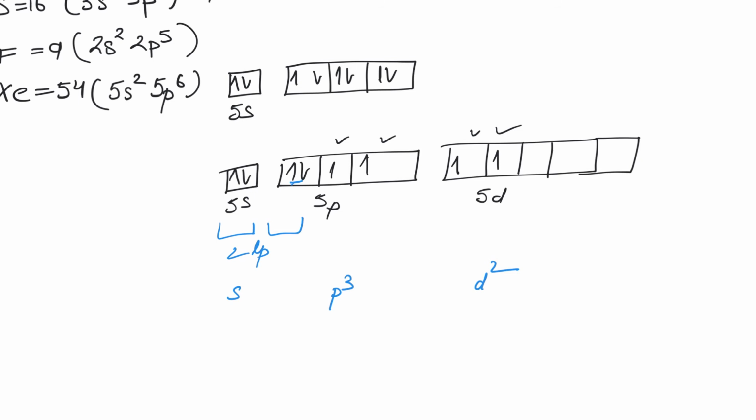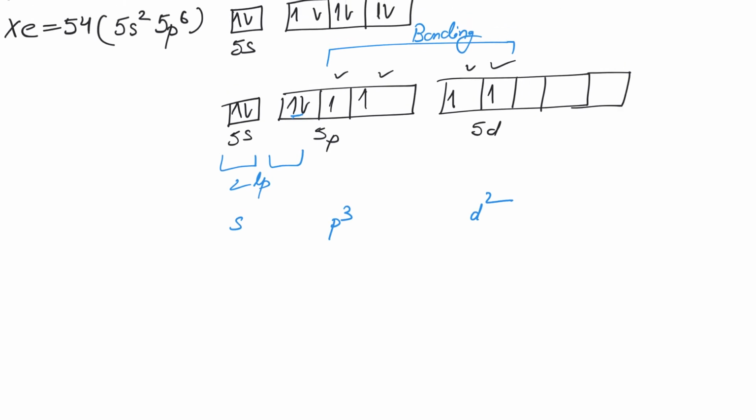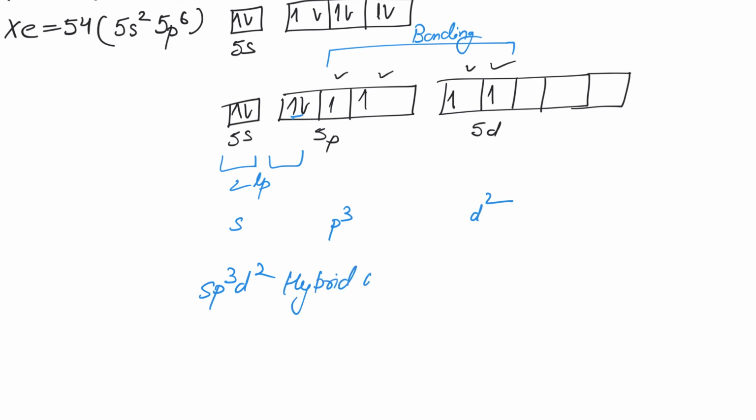So, all you have to do is consider the orbitals that are going to be involved either in bonding or carrying the lone pair on the central atom, because the lone pairs do influence the geometry. So, you will have sp3d2 hybrid orbitals, and how many? 1, 2, 3, 4, 5, 6, 6 such orbitals, right.